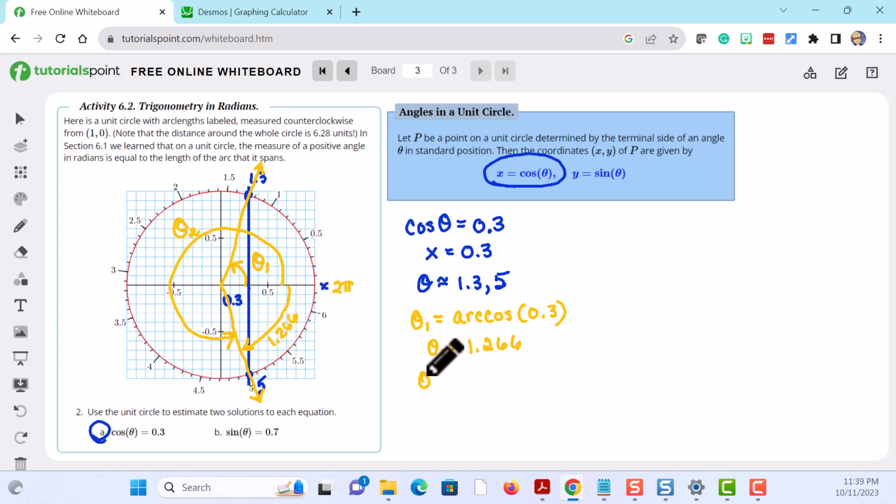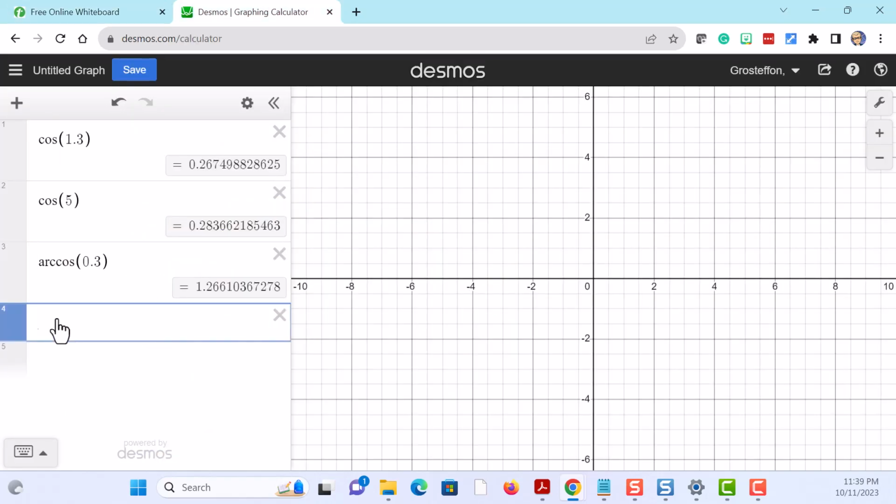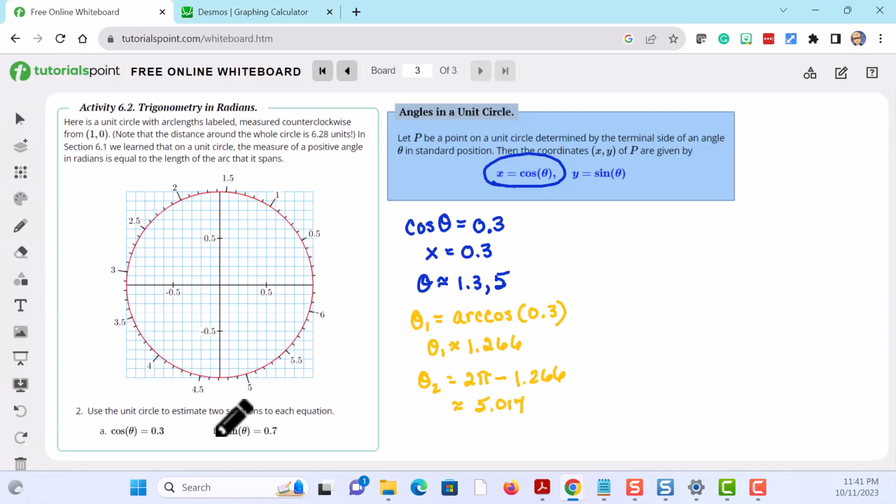So for theta 2, we take a full rotation, which is 2 pi, and we take away theta 1, which is 1.266. So 2 pi minus the arc cosine of 0.3, and that gives us 5.017.